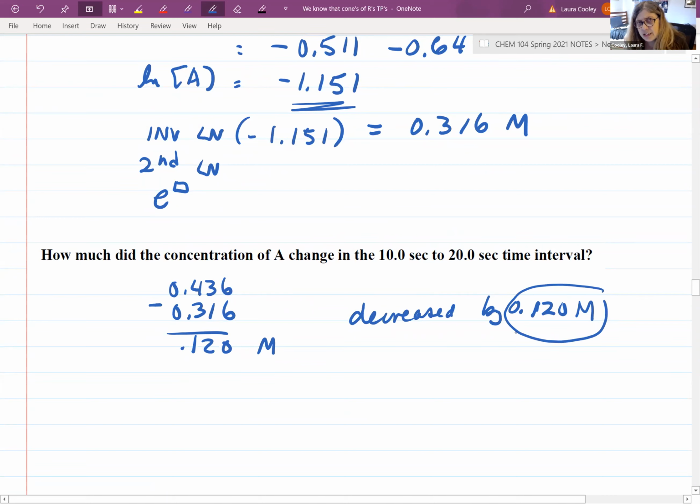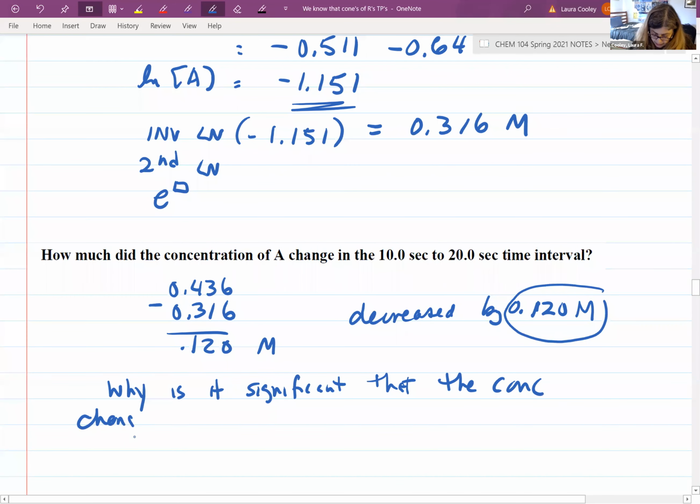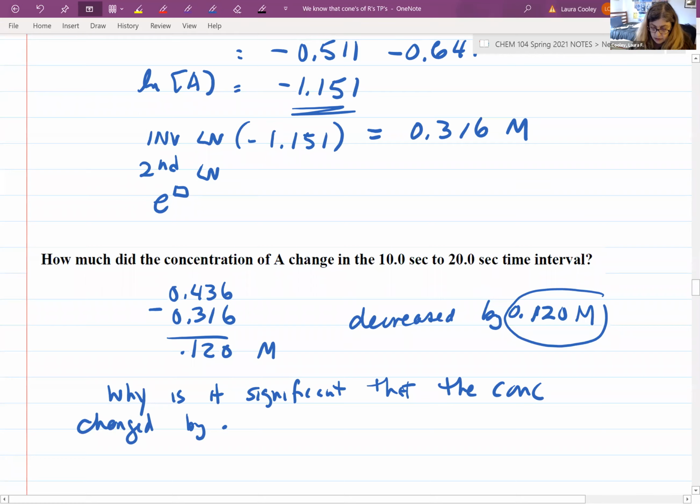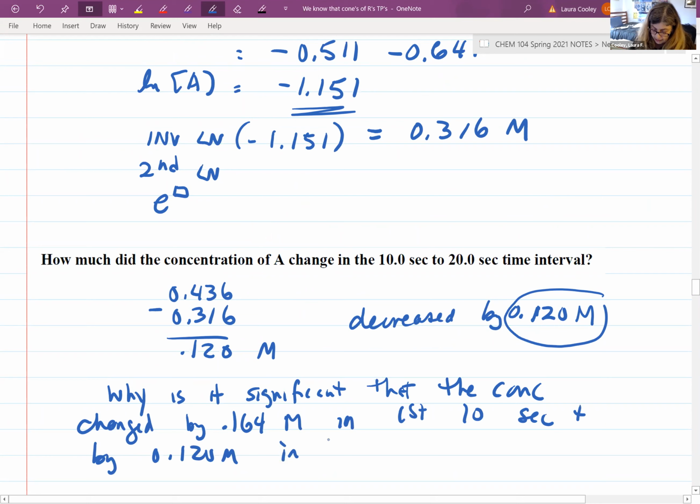Why is that significant? What's happening here? That's right. Somebody said the rate is slowing. Madison, thank you. Why is it significant that the concentration changed by 0.164 molar in the first 10 seconds and by 0.120 molar in the second 10 seconds?